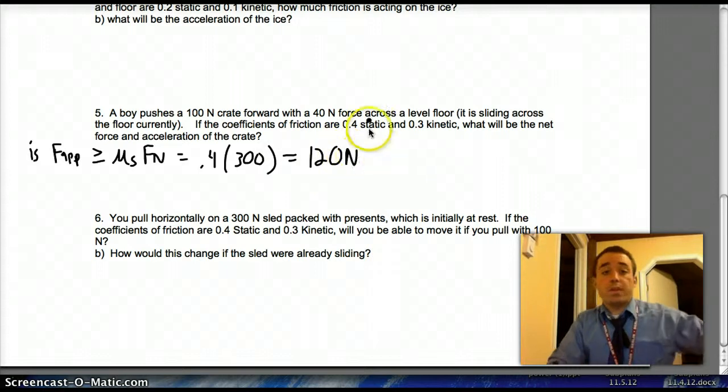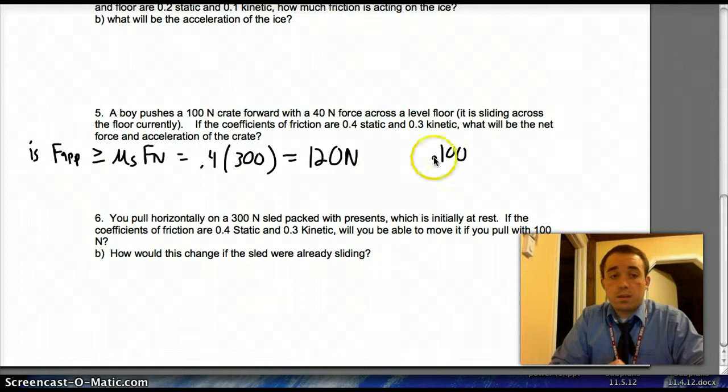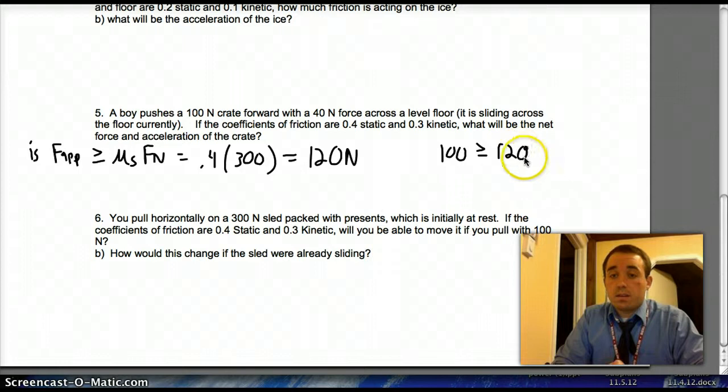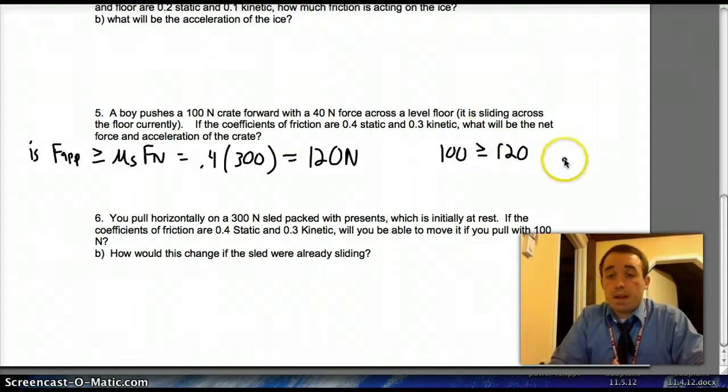I have 120 newtons. So if I'm pulling with 100 newtons, that's my applied force, and I'm trying to say if that is greater than my static friction maximum force, 120 newtons, it's not. That is not a true statement, which means that I am not moving.